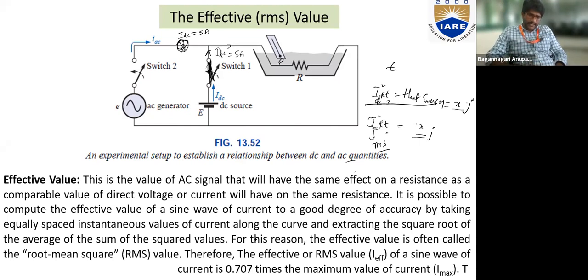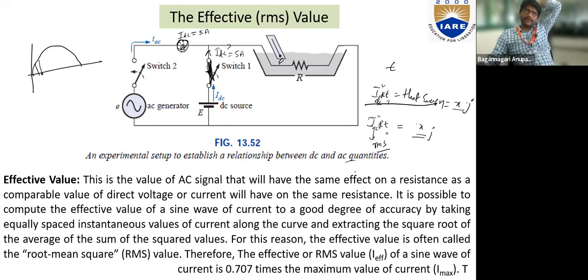Suppose I want to calculate an RMS value for a waveform, how do we calculate it? How did we do it for average? Suppose I have a sinusoidal wave. How do I calculate the average?